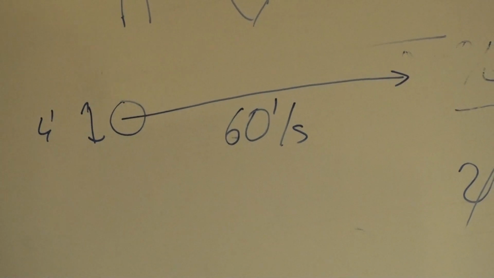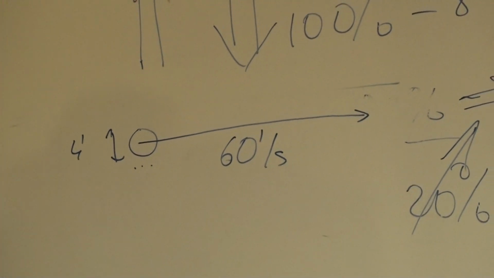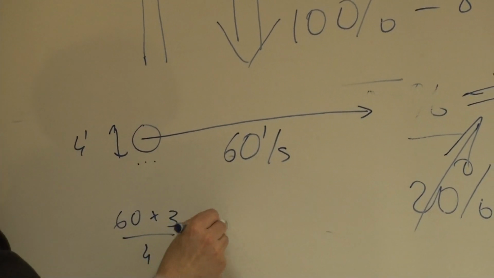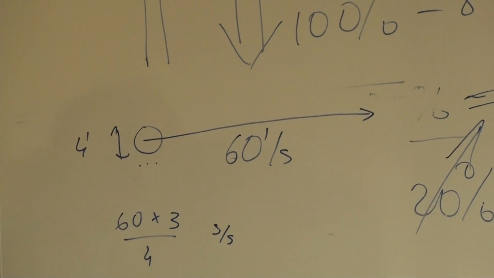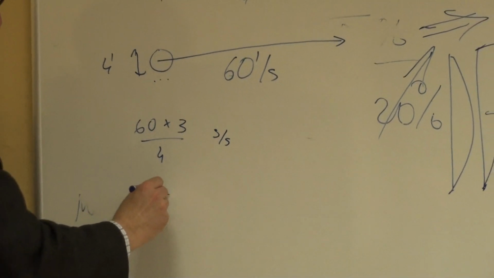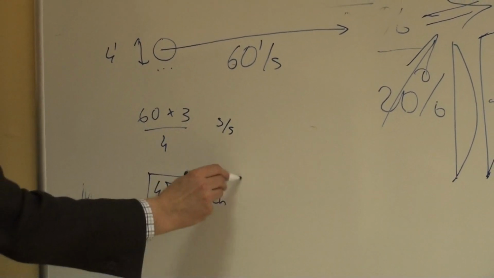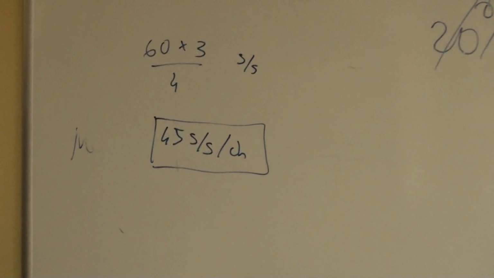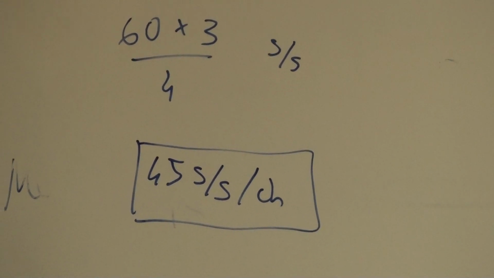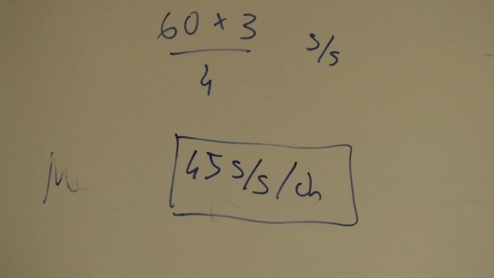If you want to take a minimum of 3 samples per beam, you have 60 times 3 divided by 4, which is 45 samples per second per channel. So this is the typical sample rate that we need. If you multiply by the number of channels, it comes to a sizable number.